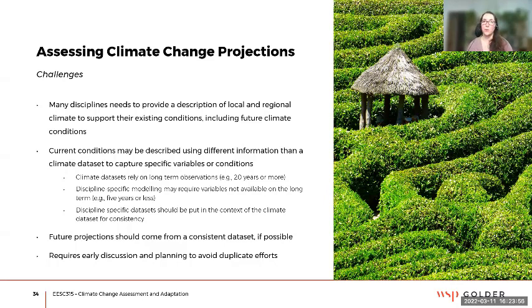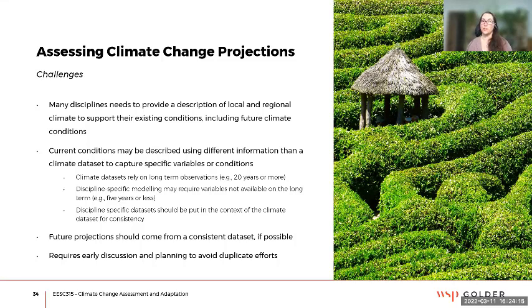So for example, air quality dispersion modeling uses a 5-year data set typically, and you need to have winds, you need to have all sorts of hourly information in order to drive the models. That level of information may not be required by the climate data set, and we may end up using 2 different stations.